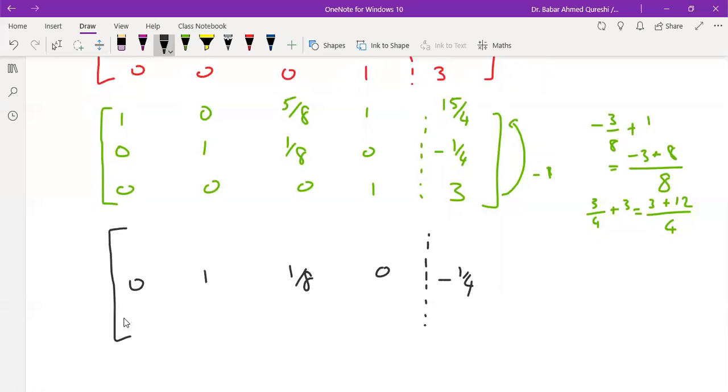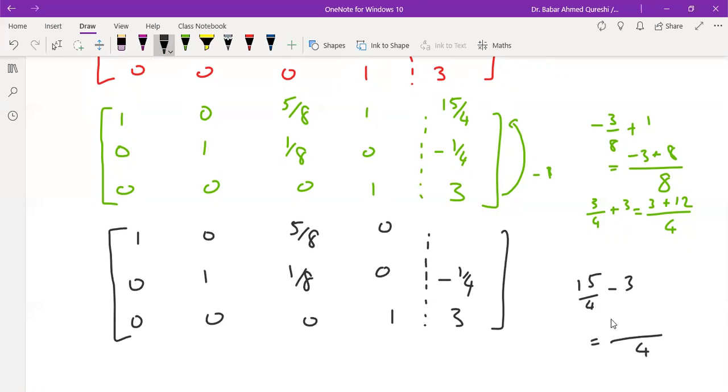The second row, and these guys, they don't change. Only this becomes 0 and minus 3, 15 by 4 minus 3 gives me 15 minus 12, 3 by 4.